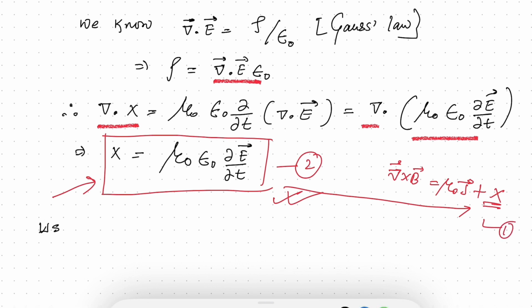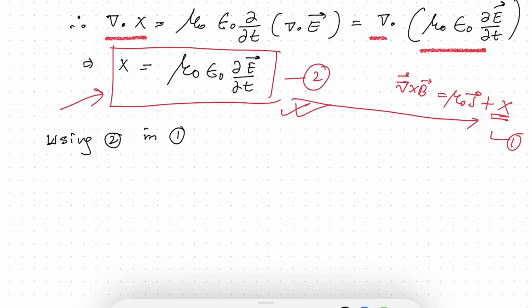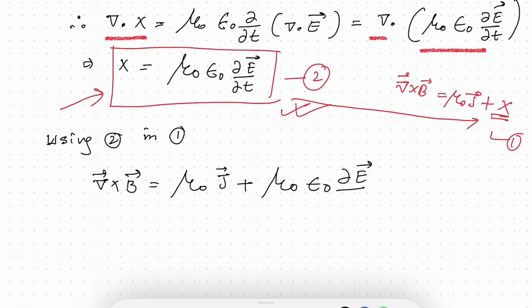Using 2 in 1, we're going to get curl B is equal to mu naught J plus mu naught epsilon naught partial derivative of vector E with respect to time t.